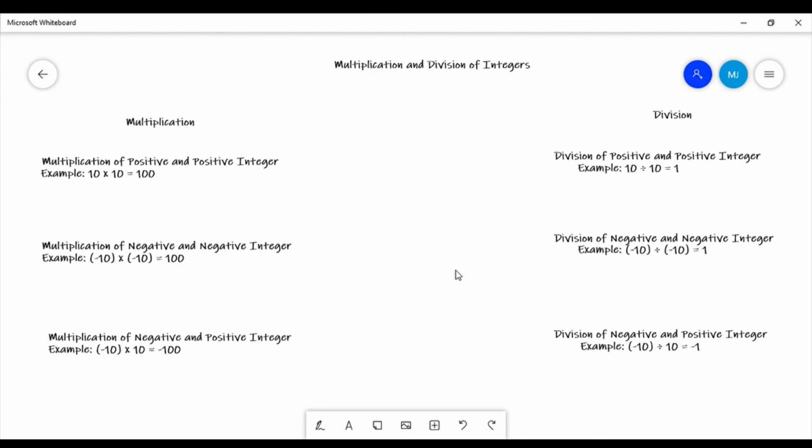The same is true with the division of integers. Division of positive and positive integer, just divide the two number and the result is always positive. In the division of negative and negative integer, just divide the two number and the result is always positive. While in the division of negative and positive integer, divide the two number and the result is always negative.